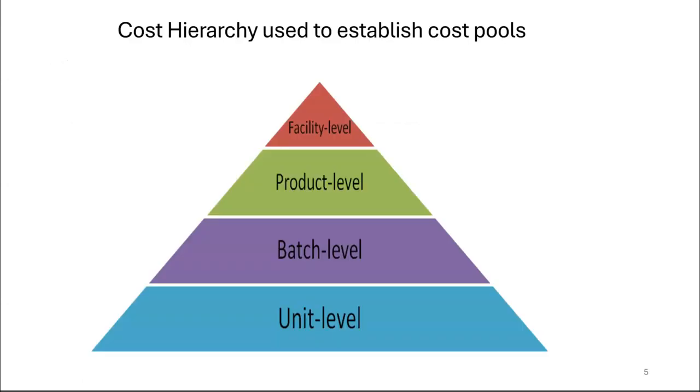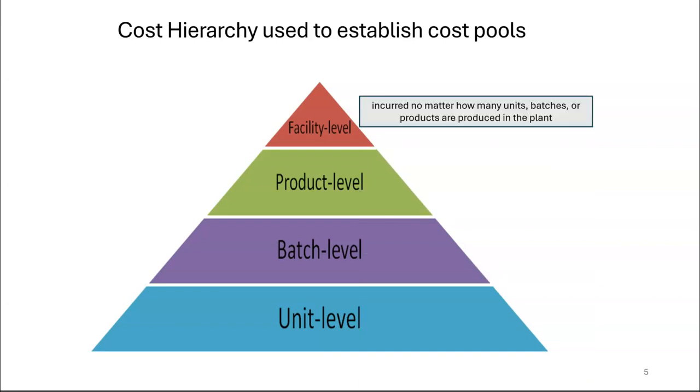Now, this is what we call the cost hierarchy used to establish cost pools. So what we do, we look at the whole process, and the first thing we identify is which ones are facility levels. These are incurred no matter how many units, batches or products are produced. Then we have the product level.